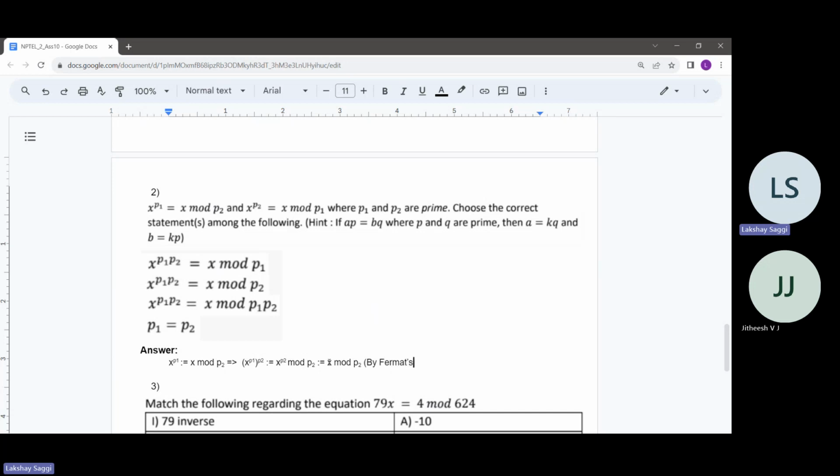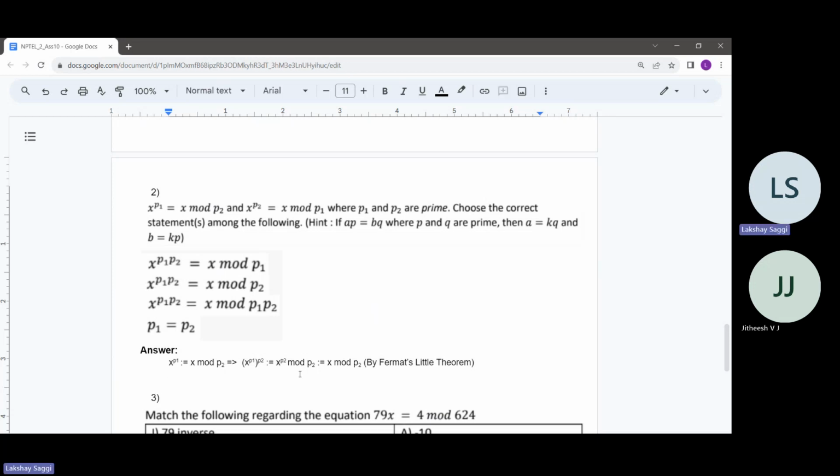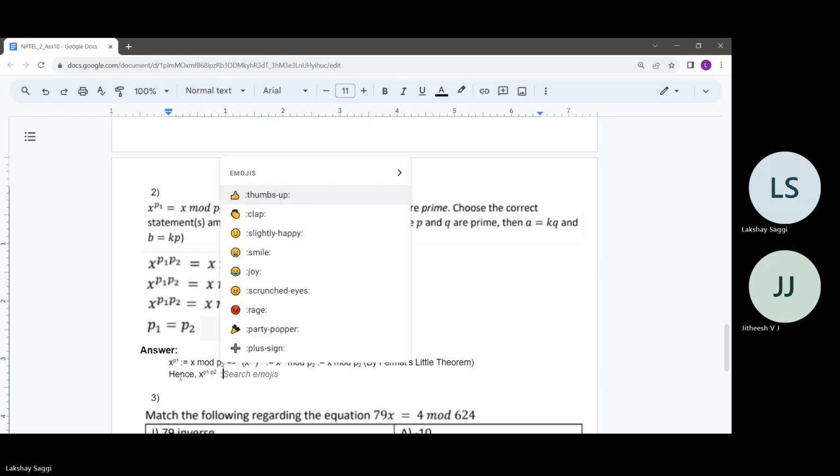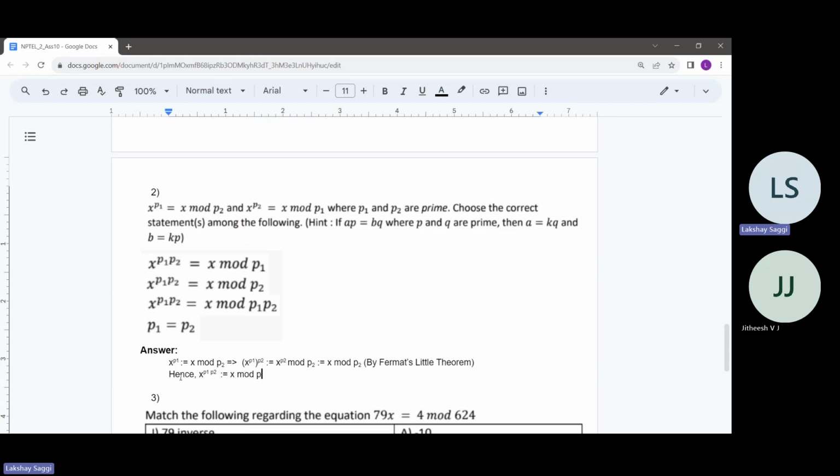By Fermat's little theorem. So what we actually get is x raised to the power p1 p2 is congruent to x mod p2.